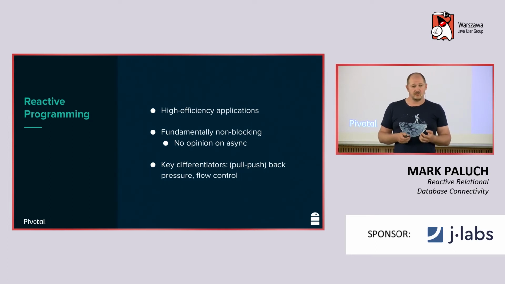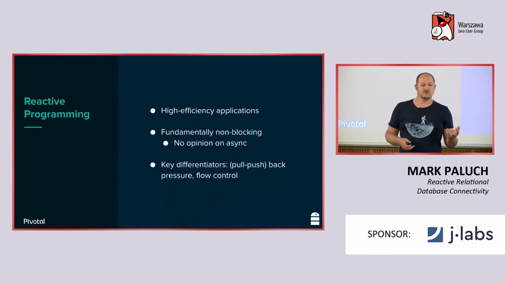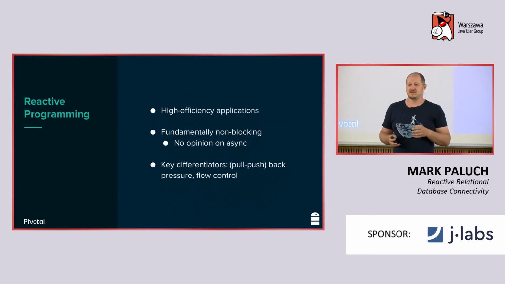Now, when we go into reactive programming, we leave one key assumption of the imperative programming model behind, which is the threading model. In reactive style programming, we no longer have an assumption about which particular thread our code is running on, but rather the execution environment is assigning us these threads.